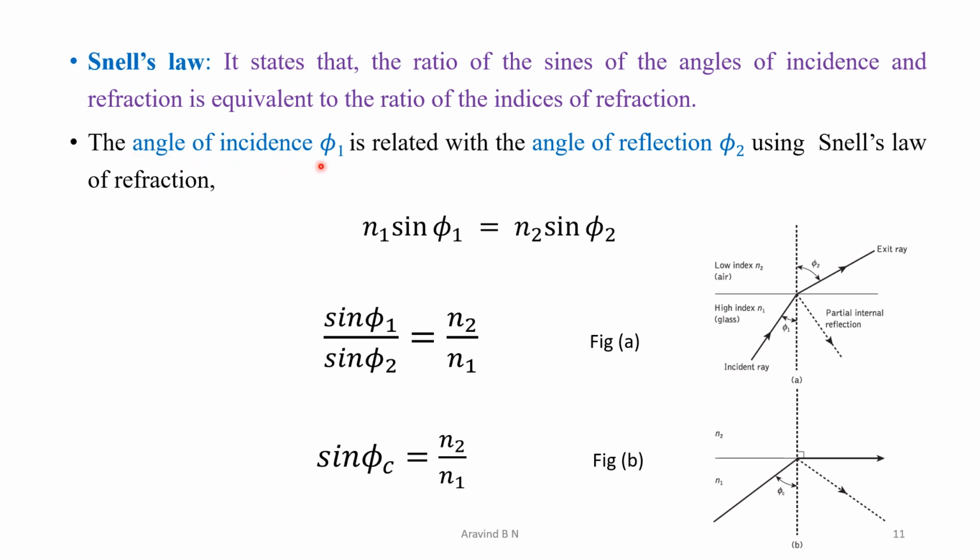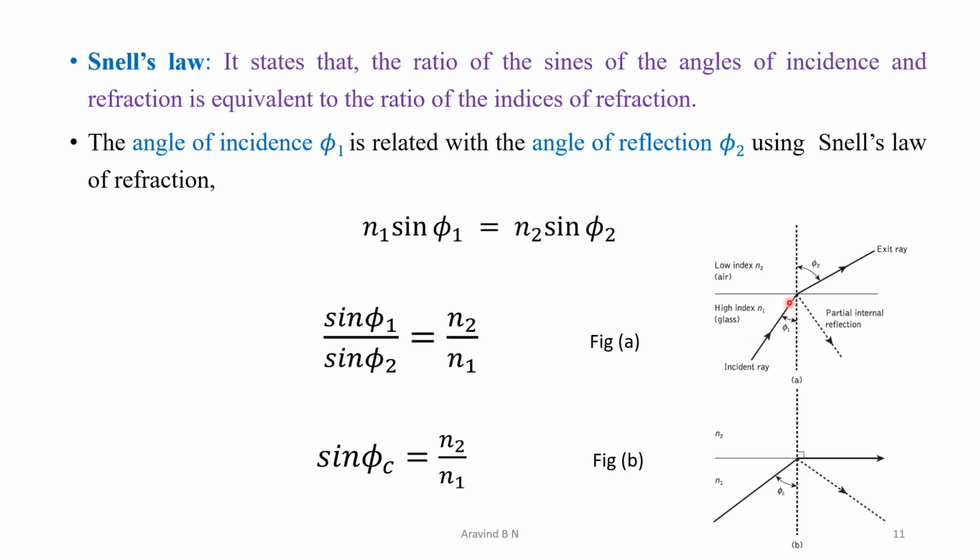The angle of incidence phi 1 is related to the angle of refraction phi 2 using Snell's law by the formula n1 sin phi 1 equals n2 sin phi 2. This equation refers to this particular diagram, where the angle of incidence is phi 1, the angle of refraction is phi 2, and there are two mediums.